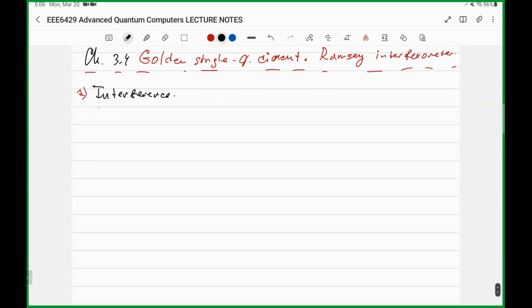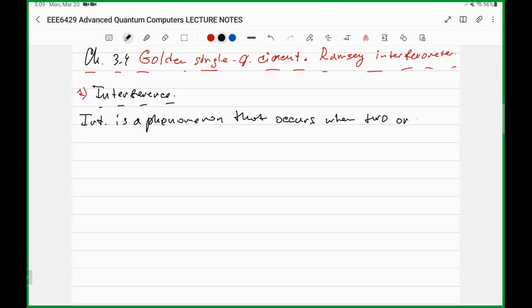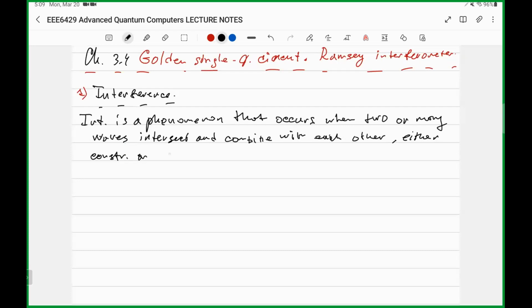So let's actually write this down. The interference is a phenomenon that occurs when two or more waves intersect each other and combine with each other, either constructively or destructively.